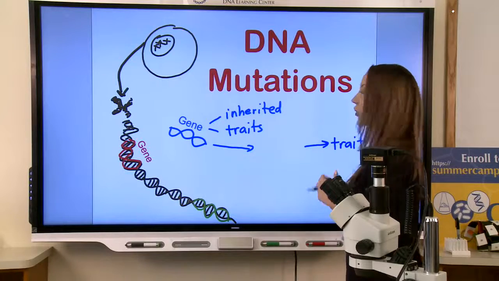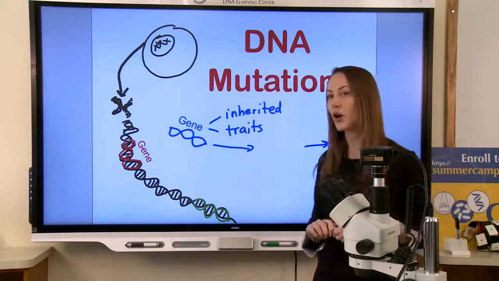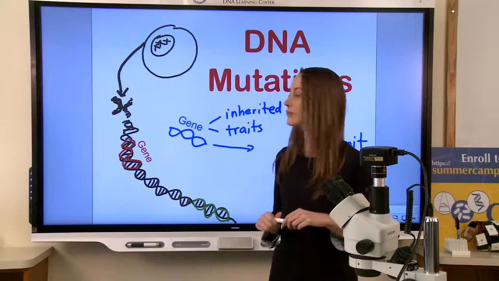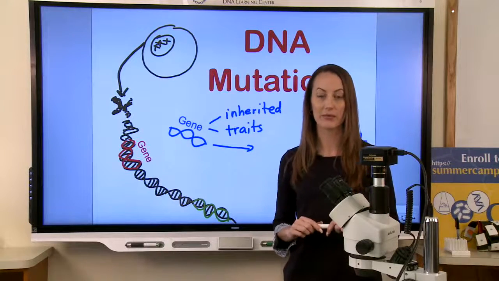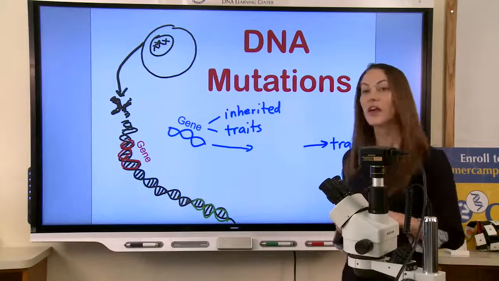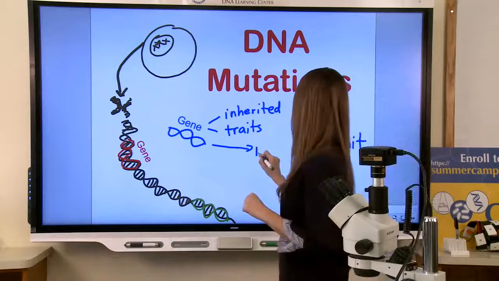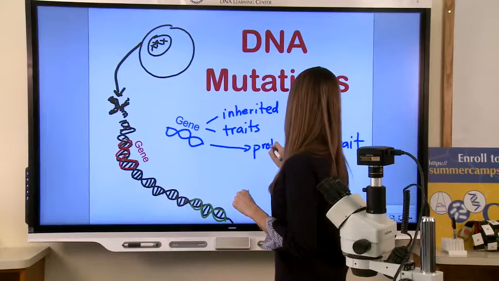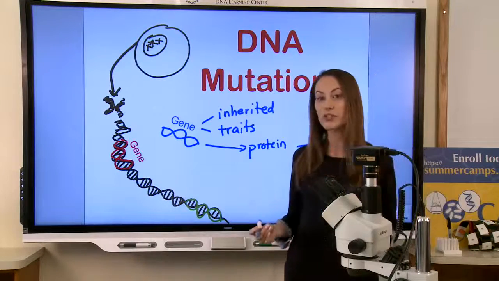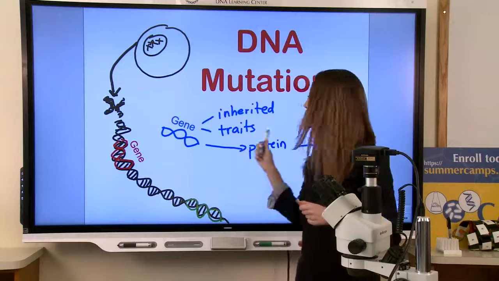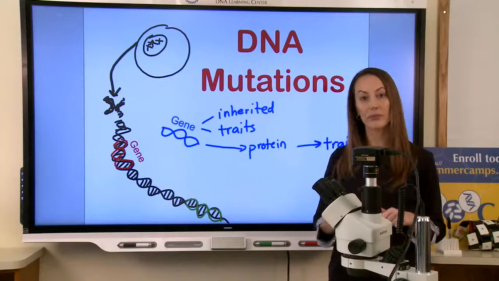Does anybody know what a gene specifically codes for? I'll give you a hint. It's what the ribosomes make. They code for proteins. They're basically a recipe for a specific protein, which then in turn creates a specific trait.